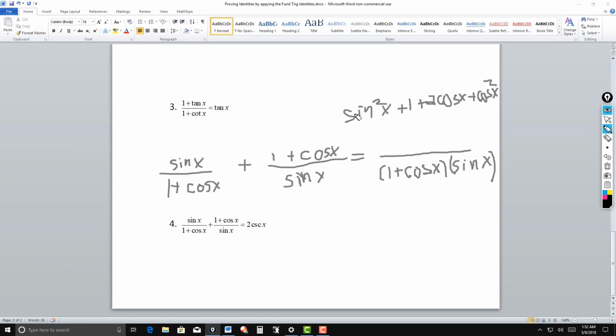But sine squared plus cosine squared, that's one of your Pythagorean identities. Sine squared of x plus cosine squared of x is 1. So these two terms add up to 1. And then there's a 1 right there. So that's going to give me 2 plus 2 cosine x.